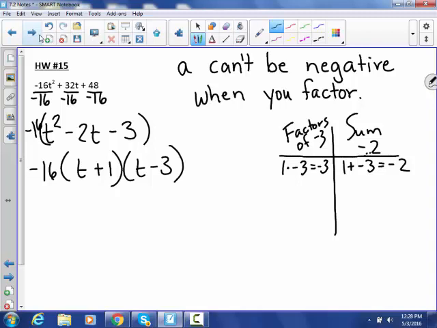So if you can't find something that multiplies to be this and adds to be that, you just check prime. Just check prime. There's 2 of those. It just means it can't be factored. Doesn't mean there's no solution. It just means we can't factor it. If you can't factor it, you have to use the quadratic equation, which I won't make you do today.